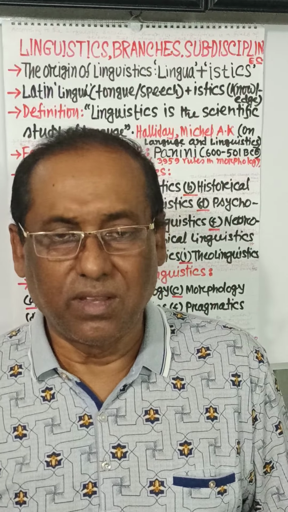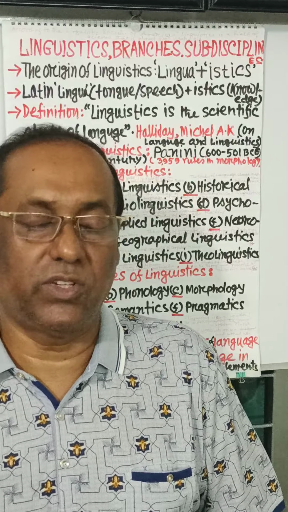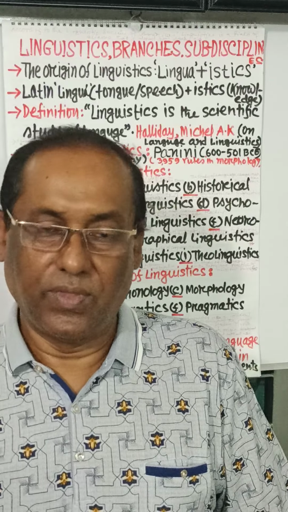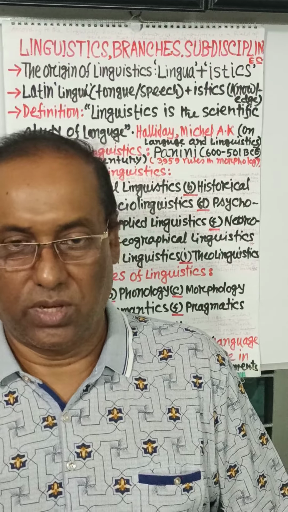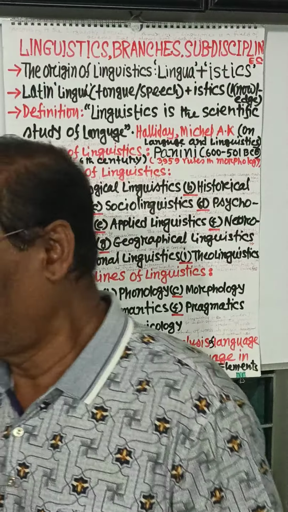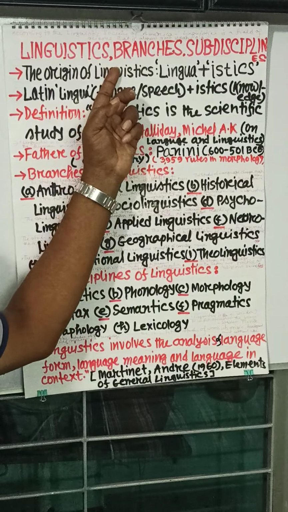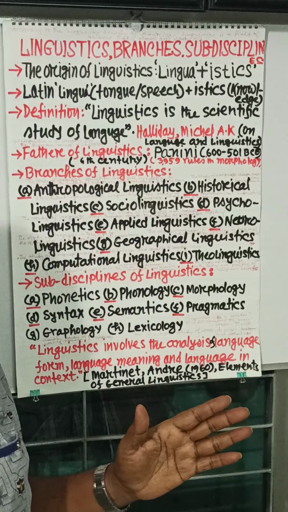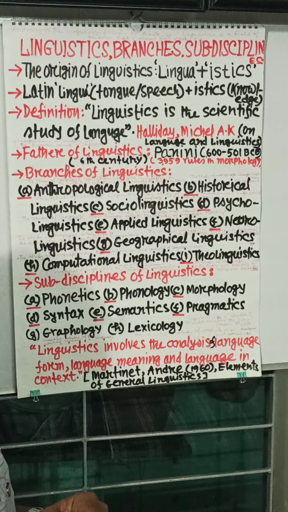Now, what is linguistics? Before going to the definition, I want to explain the origin of the word linguistics. My dear students, the English word linguistics has derived from Latin root.